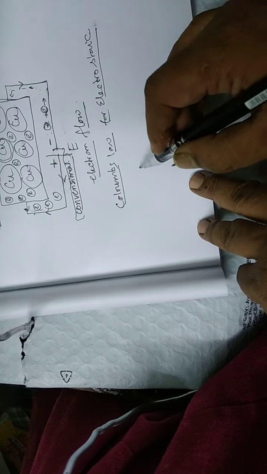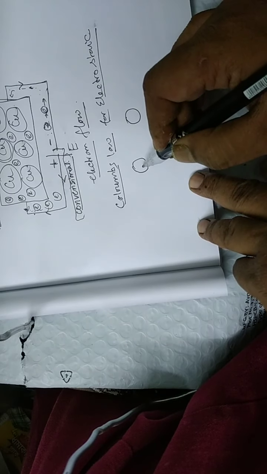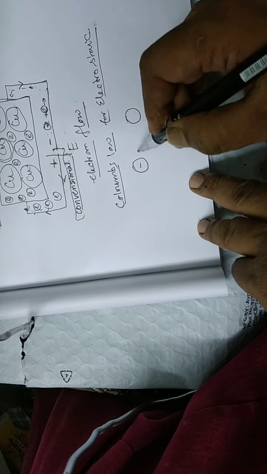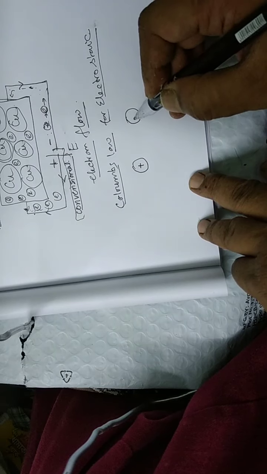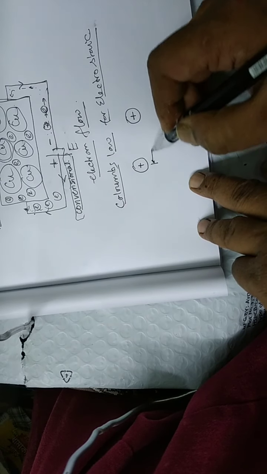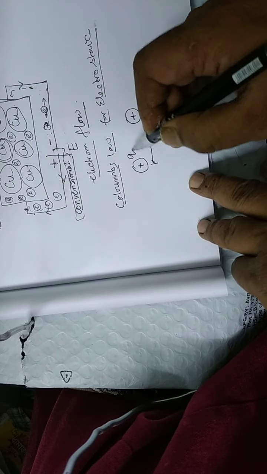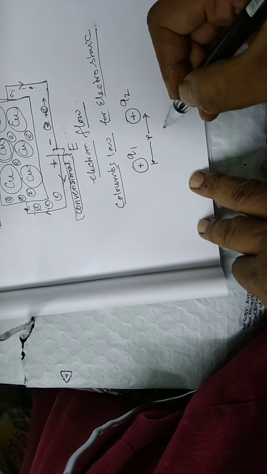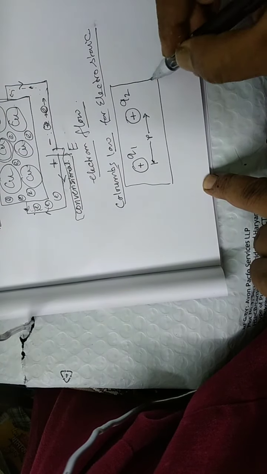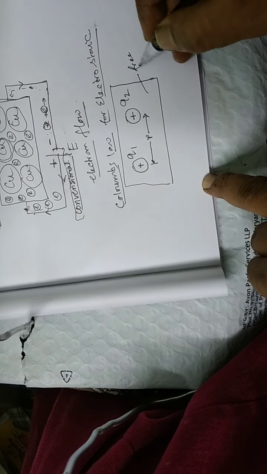Now suppose you have two charged particles, that means one is say plus or minus, another is also say plus, and these are separated at a distance r. Suppose this is Q1 and this is Q2, and this is vacuum or free space, no material is there.